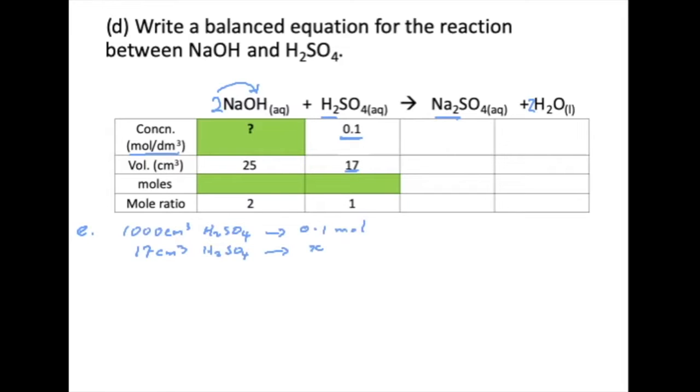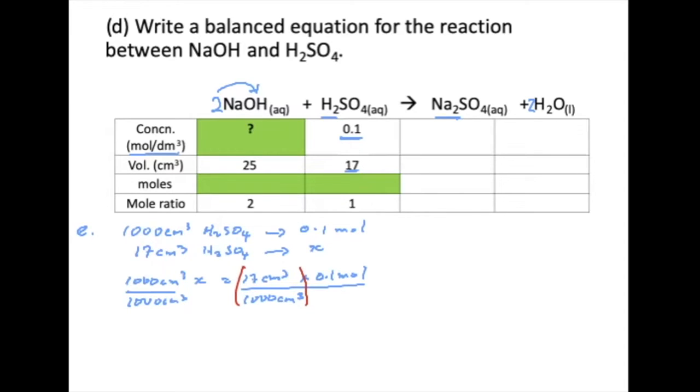And of course, we're not going to skip any steps. 1000 cm cube times x is equal to 17 cm cube times 0.1 moles. We're going to divide both sides by 1000 cm cube to make x the subject. When we divide the 17 cm cube by 1000 cm cube, we're in essence converting to dm cube.